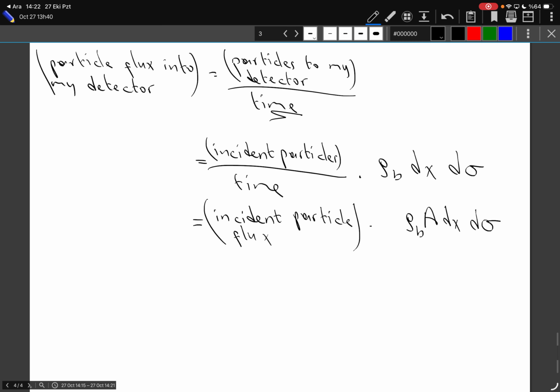What is the incident number flux? Well, the density, whatever the density they have, times their speed, times rho b. This is the total number of targeted B particles, times d sigma. So now I can extract d sigma, which will be particle flux in my detector.